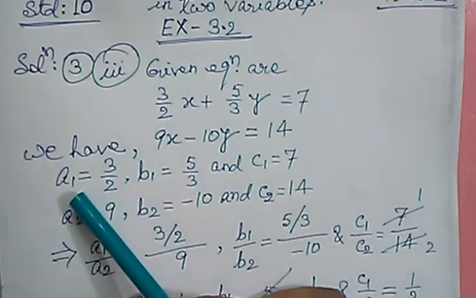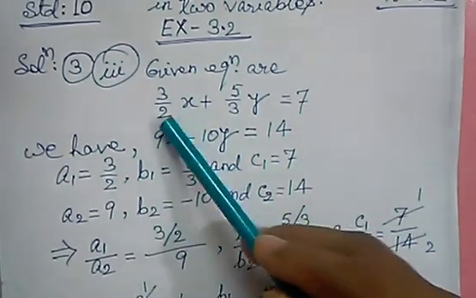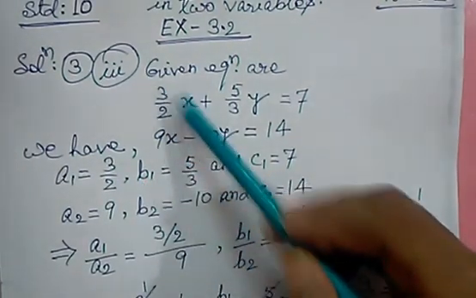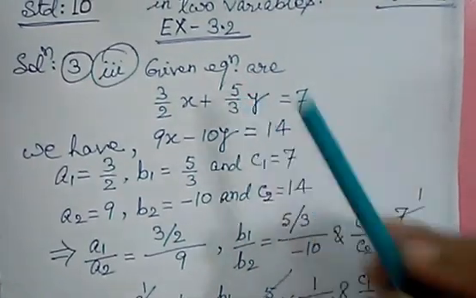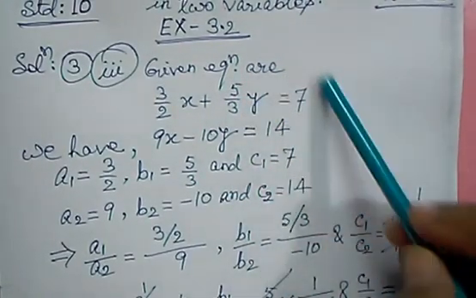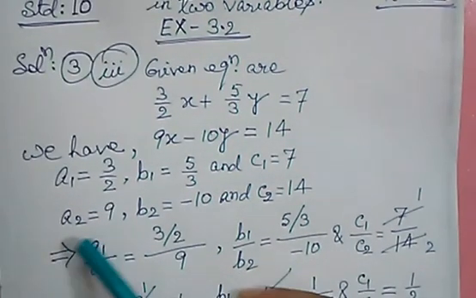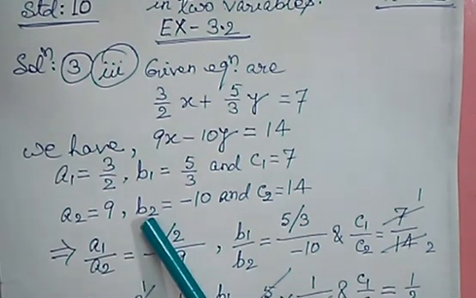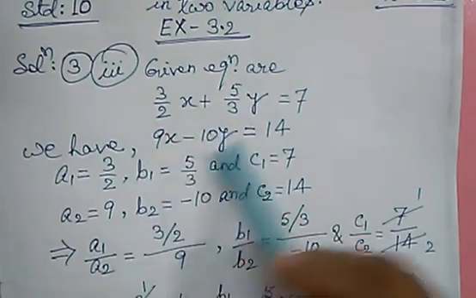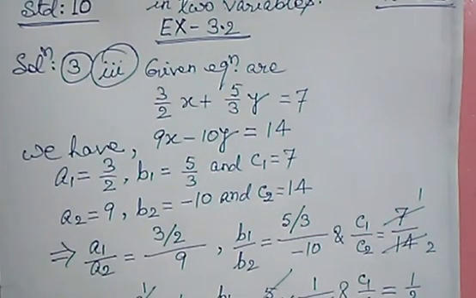Separating the coefficients, we get a1 equal to 3 upon 2, b1 equal to 5 upon 3, and c1 equal to 7. Then a2 equal to 9, b2 equal to minus 10, and c2 equal to 14.